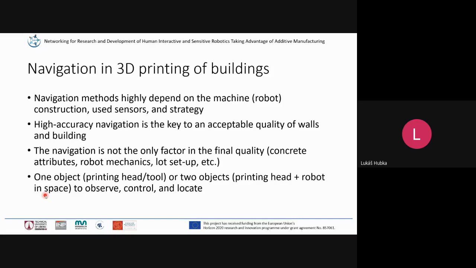All of them are dealing with the problem where the robot is staying in one position during the printing task. I will show some exotic solution where the robot is also moving, but then the navigation task is really very tough.